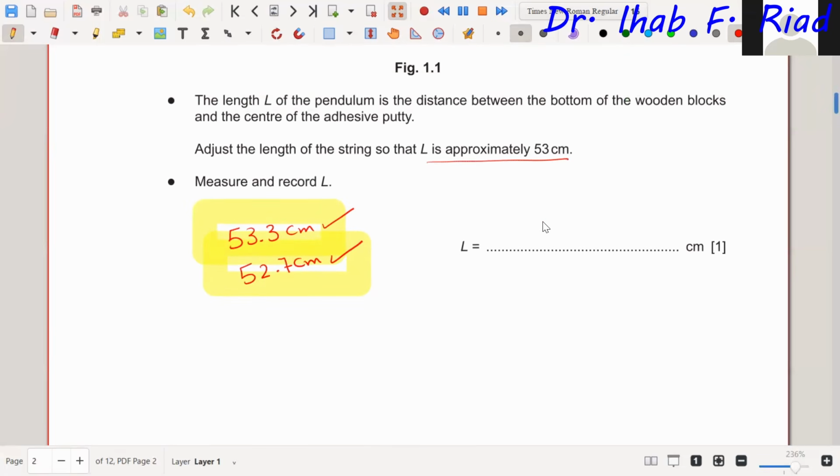So which value are we going to use? I will take the average, as usual. So it is 53.3 plus 52.7, divided by 2. We get 53.0 centimeters. Okay, this is good.